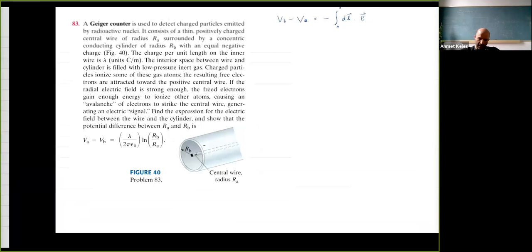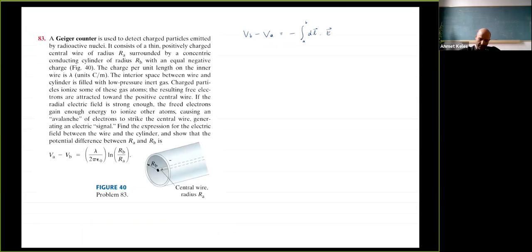Gauss's law, yes. We can choose a cylinder to enclose some amount of charge. We know the field is going to be radially outward, and the area times the electric field is equal to the charge inside divided by epsilon naught. Gauss's law: the integral of E dot dA is Q enclosed divided by epsilon naught.